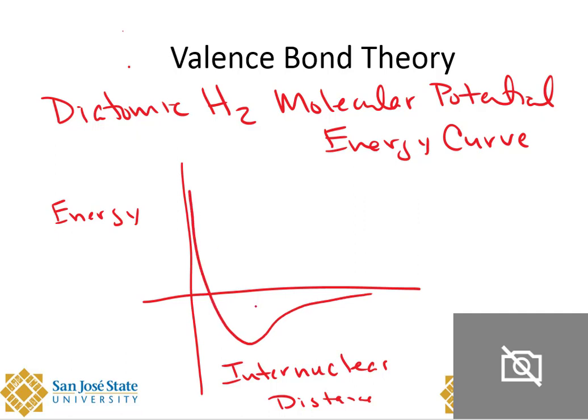And what we're looking at here is the overall destabilizing and stabilizing force as two atoms are brought close together. And what you'll notice is that we've got this area of lowest energy. This happens at our equilibrium bond distance.